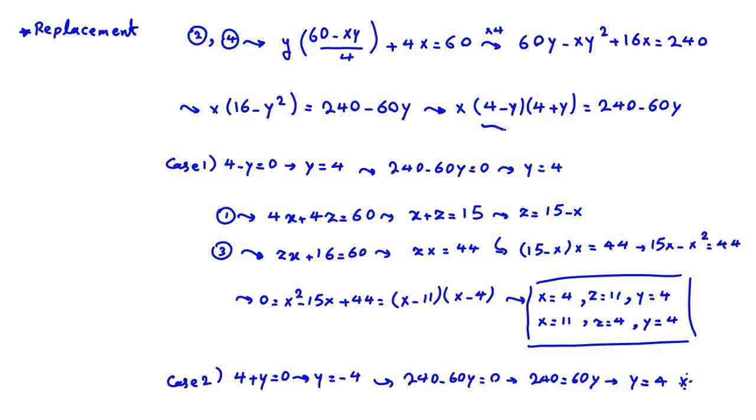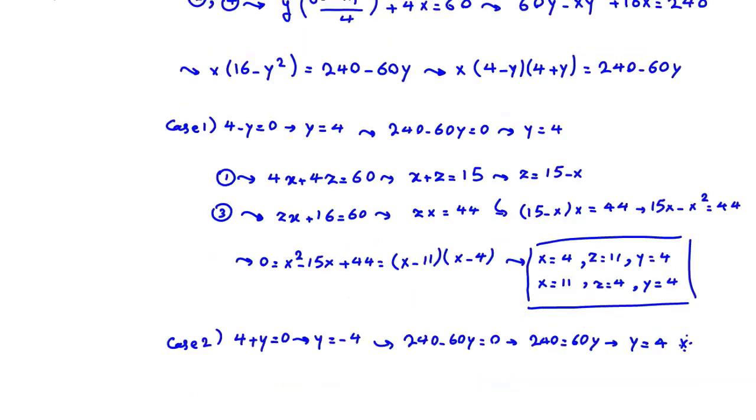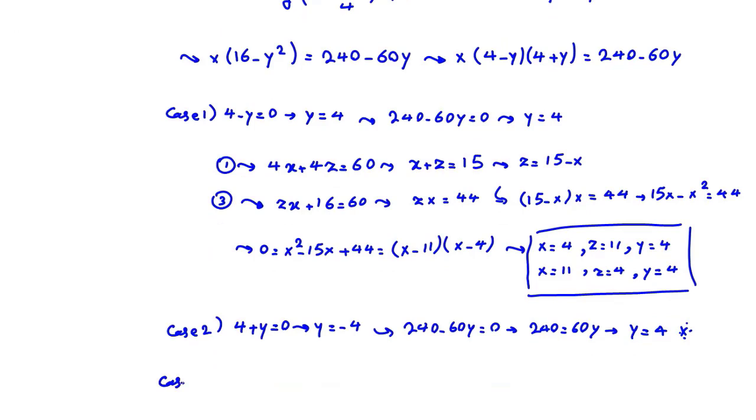In case 3, we consider it is not 0. Okay? So in case 3, we conclude y is not 4 and not negative 4. So we can say x equal to 240 minus 60y over (4 minus y)(4 plus y). We factor 60 from the numerator, it will be 60 times (4 minus y), and we divide by (4 minus y)(4 plus y).